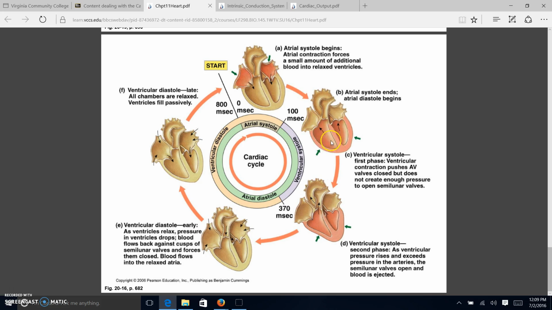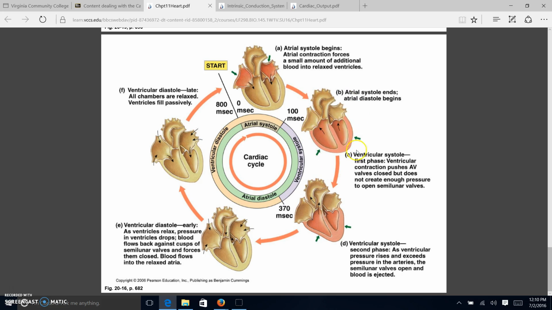When this was squeezing, we also sent a message to the papillary muscles, and the chordae tendineae attached to them keep the cusps of the valves from flapping back where they come from. So when we squeeze the blood towards these valves, the pressure of the blood closes the atrioventricular valves. Okay, so that's why we have a difference between what's going on in this step and in this step.